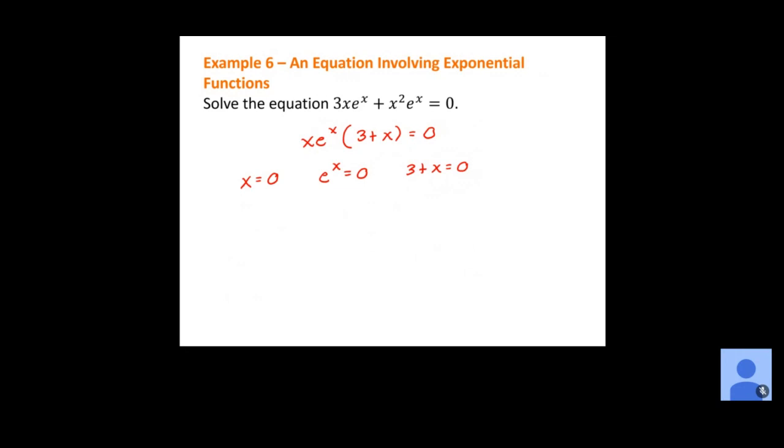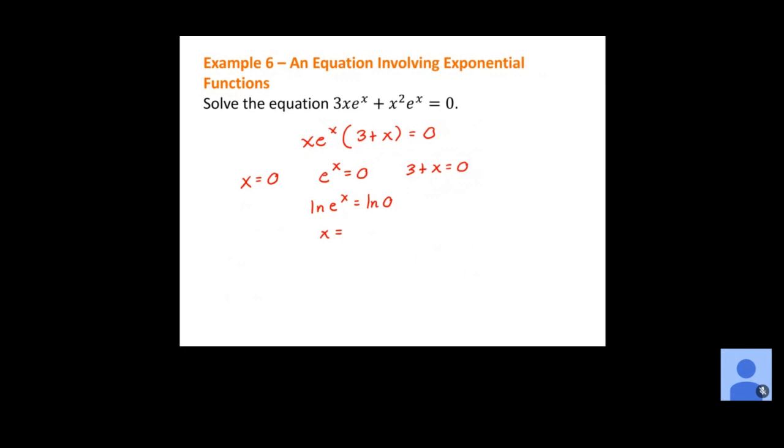Well, the first one's solved. X equals 0, that's already solved, nothing to do there. What about e to the x equals 0? What would we do with that one? Okay, we could take the natural log of both sides, right? The natural log e to the x equals natural log 0. Left-hand side just gives us x.